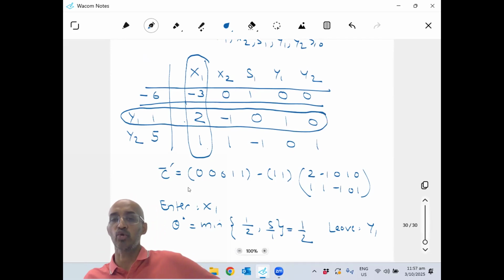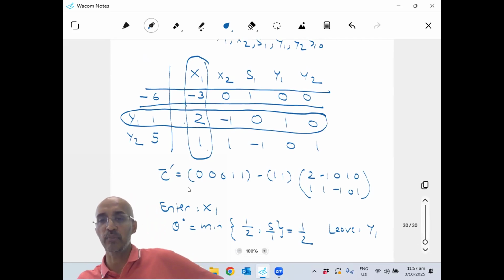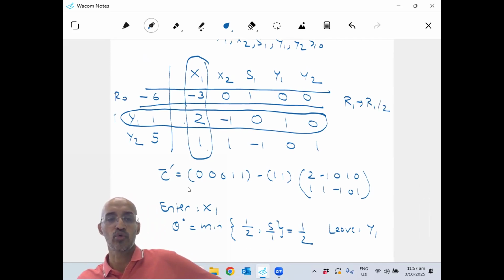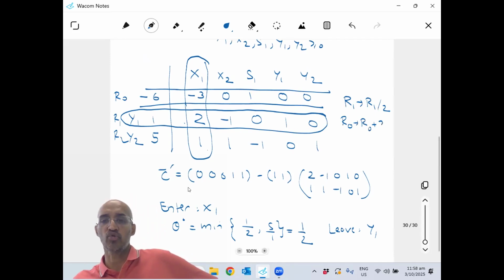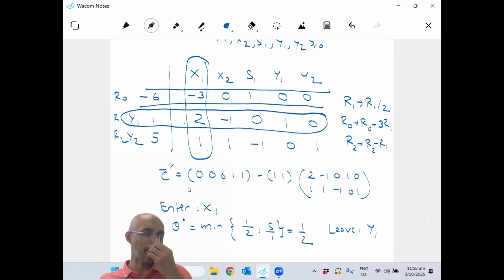Do row operations. What are my row operations? In this example, for example, I can do row 1 by 2. This is row 0, row 1, row 2. Row 0 will be row 0 plus 3 row 1, and row 2 will be row 2 minus row 1.